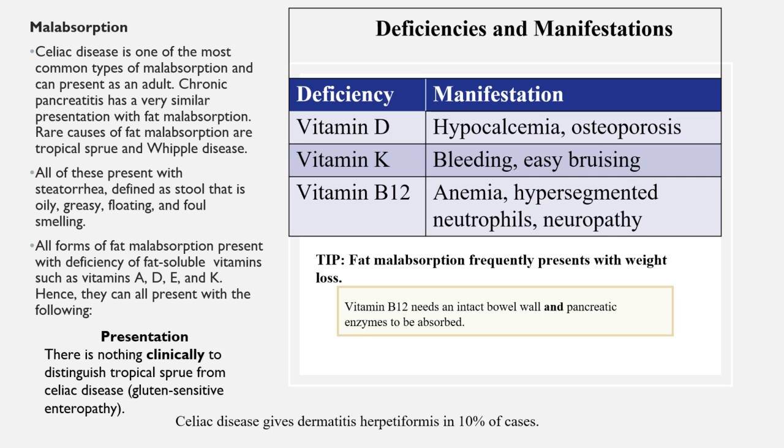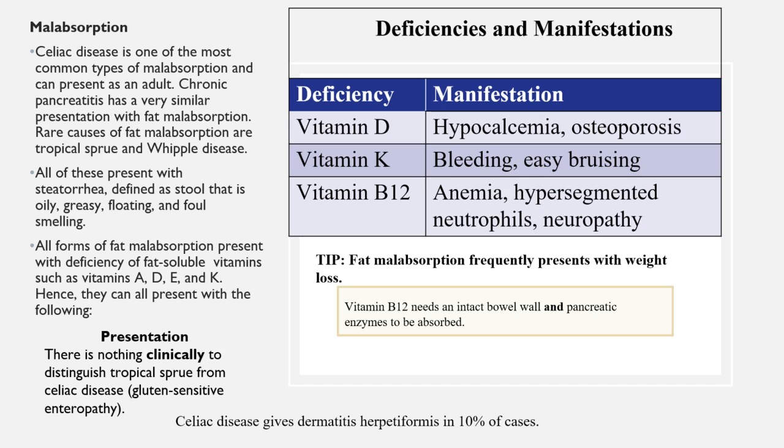Rare causes for fat malabsorption are tropical sprue and Whipple disease. All of these present with steatorrhea, defined as stool that is oily, greasy, floating, and foul-smelling.